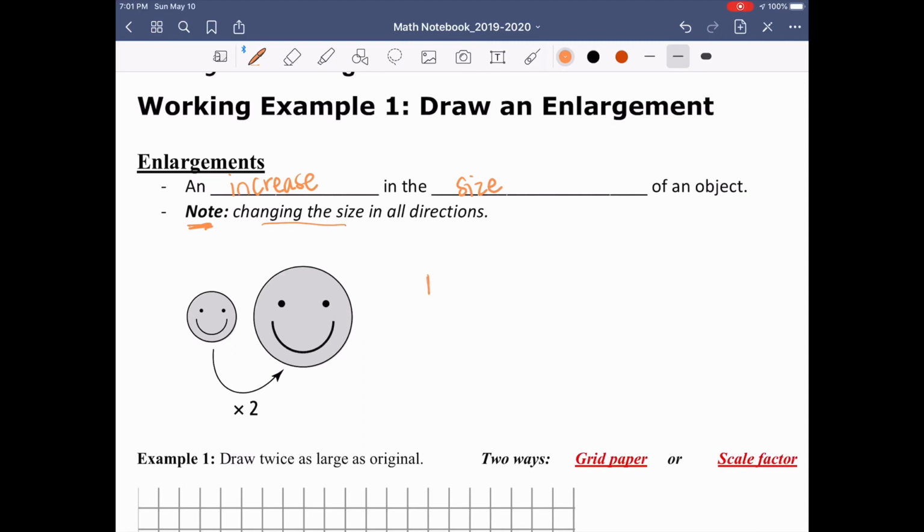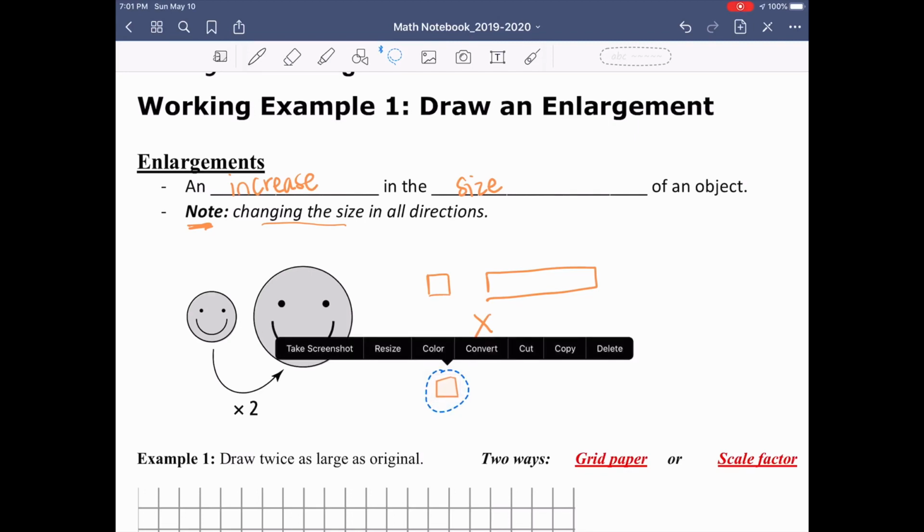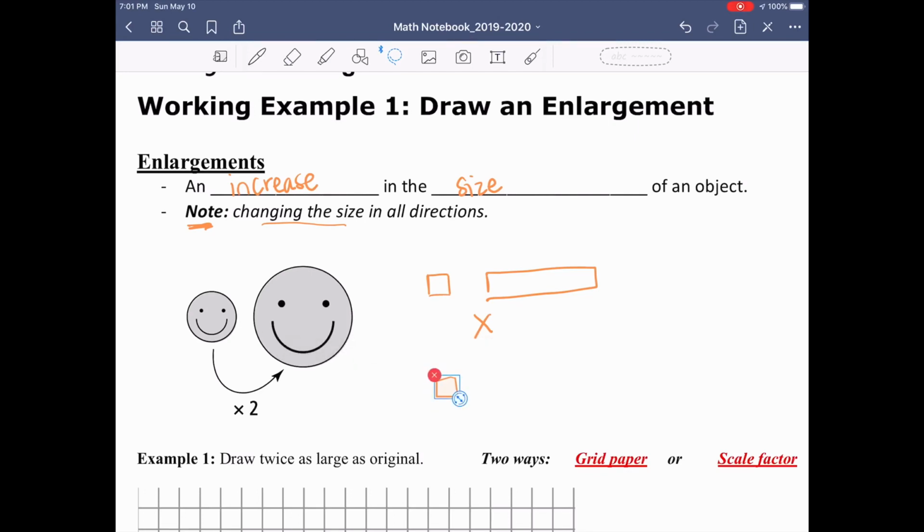So if you have a square and you just increase it this way, that's not an enlargement. It has to be an identical design, but changed in all directions. So if this was our original, then this would be an enlargement. It's changing in all directions equally.